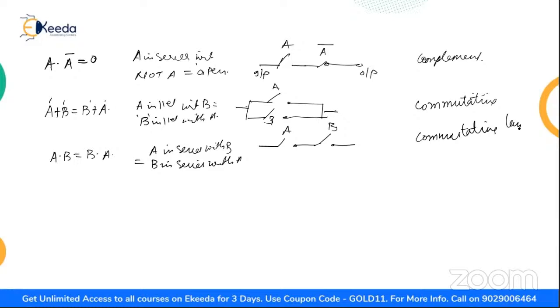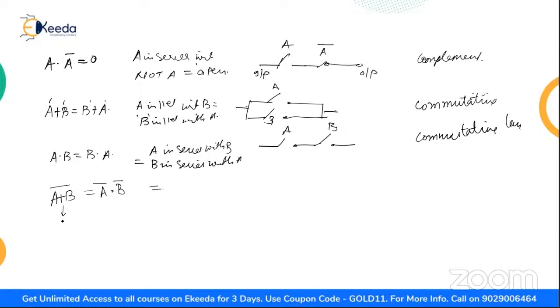Let us say that I have got A plus B. We have seen what is A plus B? B plus A. So A plus B complement is nothing but A complement, B complement.